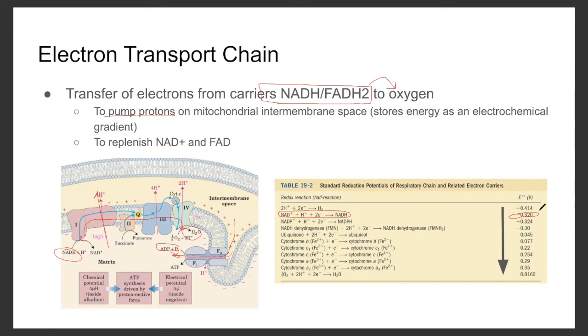So it's not surprising that this process is coupled with our energy releasing pathways, glycolysis and the TCA cycle. And then additionally, the reverse: if we give these electrons to O2 to form H2O, you see that the epsilon is a very positive number, which means a lot of energy is released. And this is the energy that we use to pump protons to the intermembrane space.